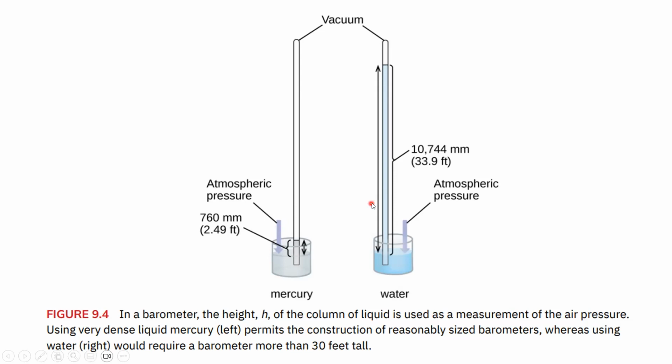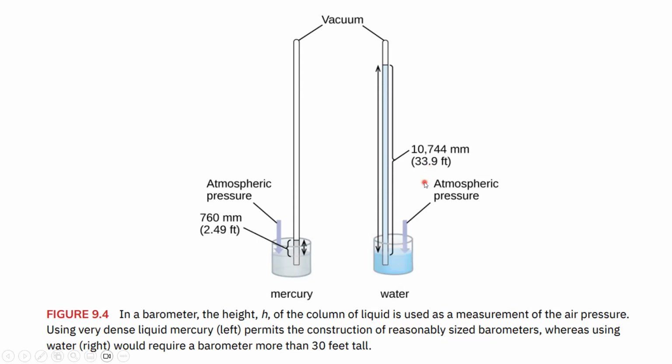So if we think about mercury versus water here, again, atmospheric pressure in each case. So we've got 1 atmosphere of pressure pushing down on these pools of liquid. But because the mercury is so dense, 1 atmosphere of pressure is only going to cause it to go up 760 millimeters, which is just about 2.5 feet. Whereas that same amount of pressure is going to cause water to go up nearly 34 feet.